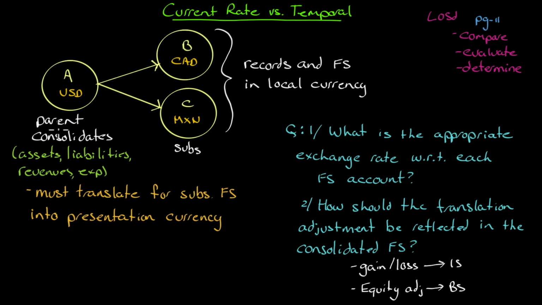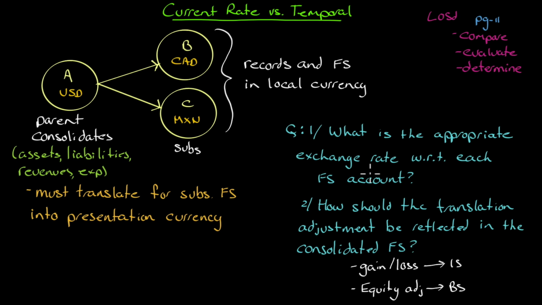And of course, the presentation currency of the parent is the US dollar. That's the scenario. Here are the questions that we hope to solve. Number one, what is the appropriate exchange rate with respect to each financial statement account? Do we use the same exchange rate for all balance sheet and all income statement accounts, or are there different exchange rates that we would use?